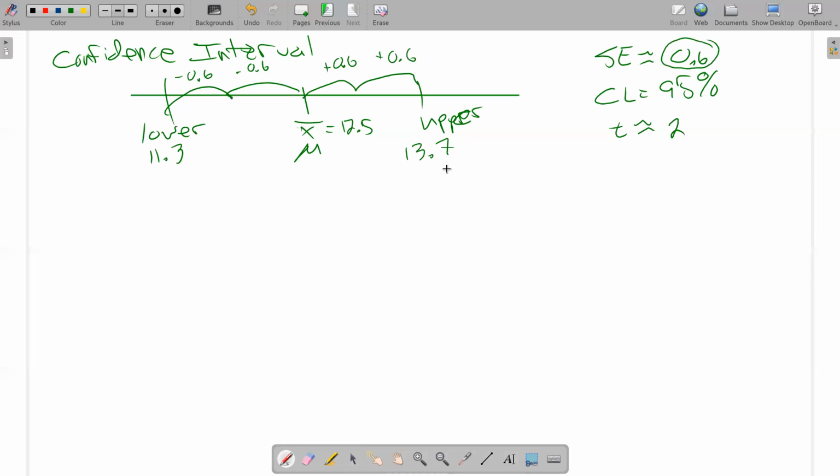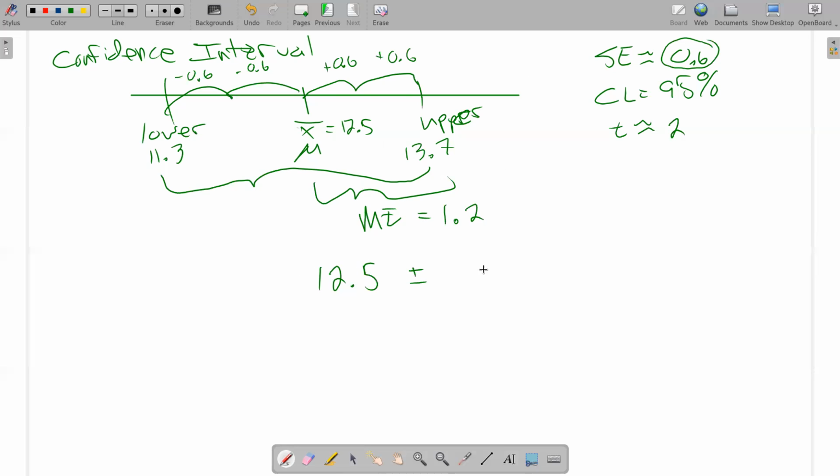So if my boss says, okay, well, what do you think the new temperature is? And I say, well, I think the new temperature is somewhere between 11.3 degrees Celsius and 13.7 degrees Celsius. Or I can say, you know, on average, because I just estimated my margin of error here to be 2 standard deviations, 2 standard errors, which is about 1.2. So in other words, I can say, I think the actual temperature of the river is about 12.5 degrees Celsius, you know, plus or minus 1.2 degrees Celsius.